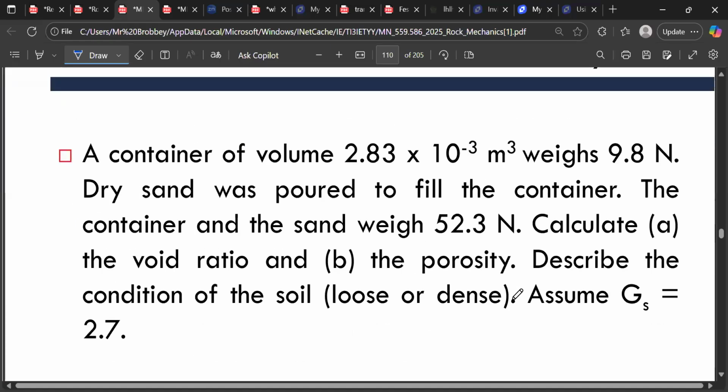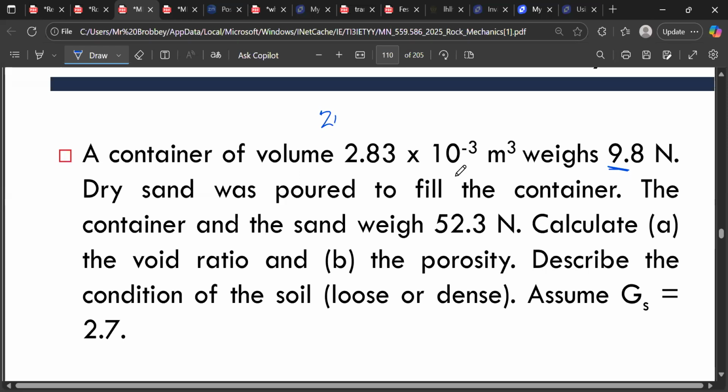A container of volume 2.83 cubic millimeter weighs 9.81 newtons.